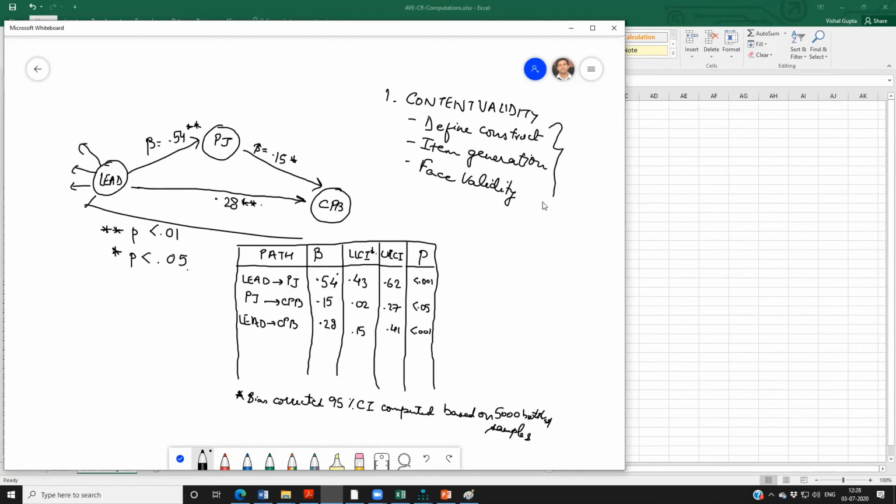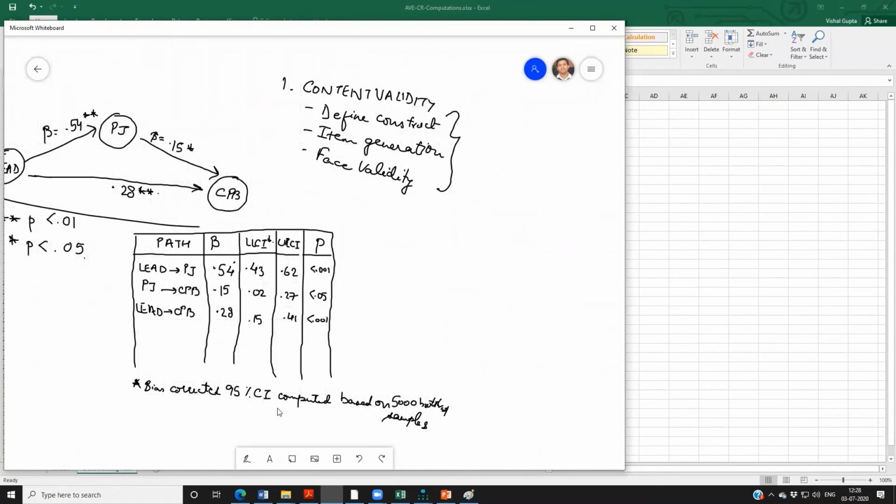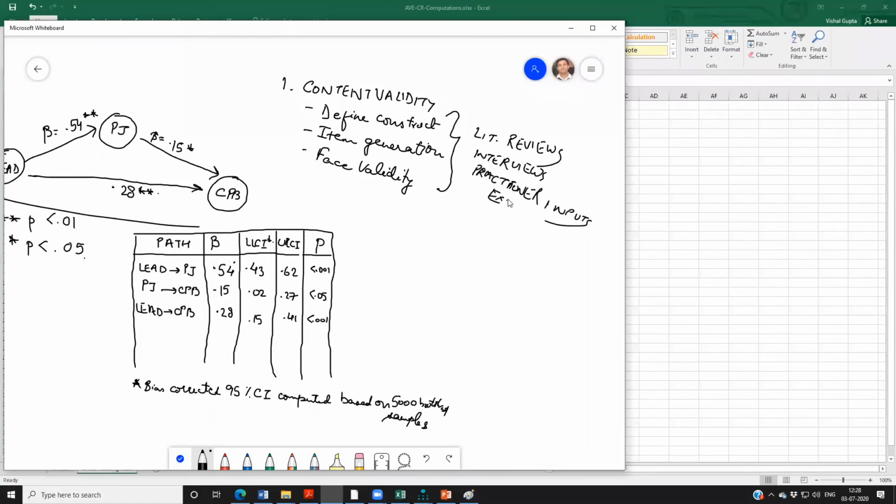How does this take place? This takes place based on literature reviews, interviews with practitioners, practitioner inputs, experts, and so on, right?